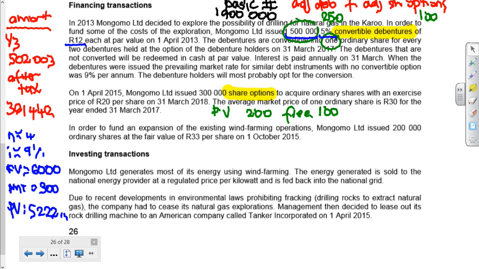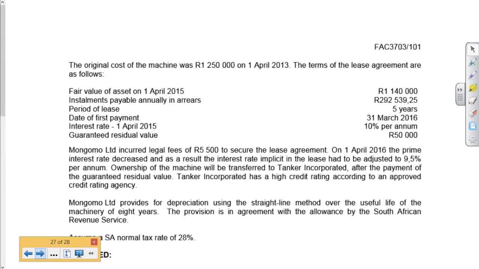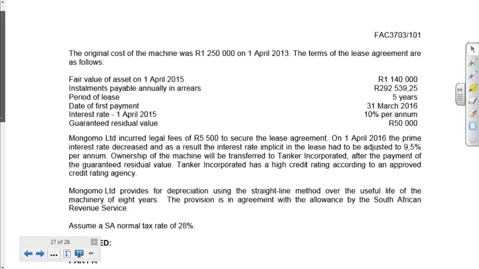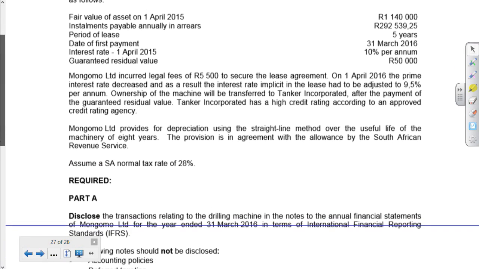Mongomo generates energy, salt, environmental laws, cease natural gas explorations, lease out rock drilling machine. It's a lessor. Okay.